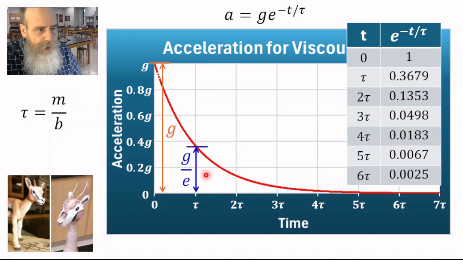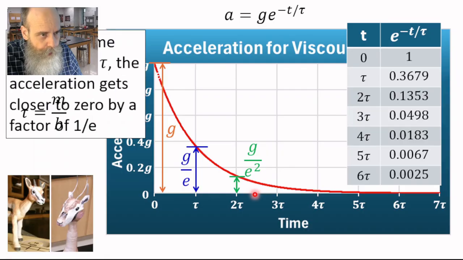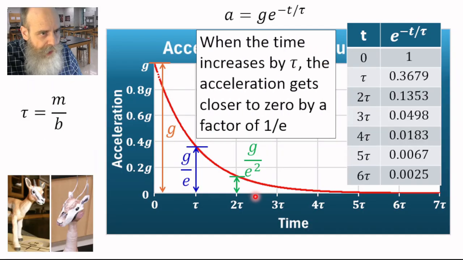It is now g over e away from the final value of 0. When t equals 2 tau, the acceleration is g over e squared. It is now g over e squared away from the final value of a equals 0. When the time increases by tau, the acceleration gets closer to 0 by a factor of 1 over e.